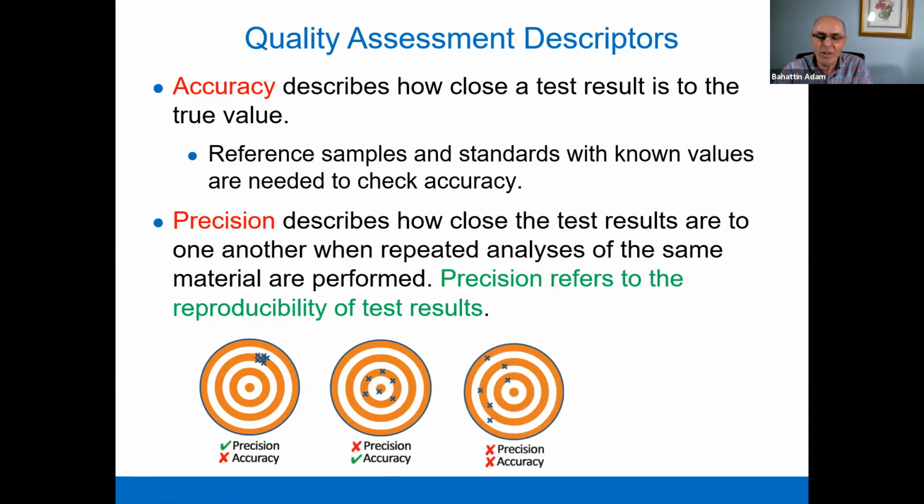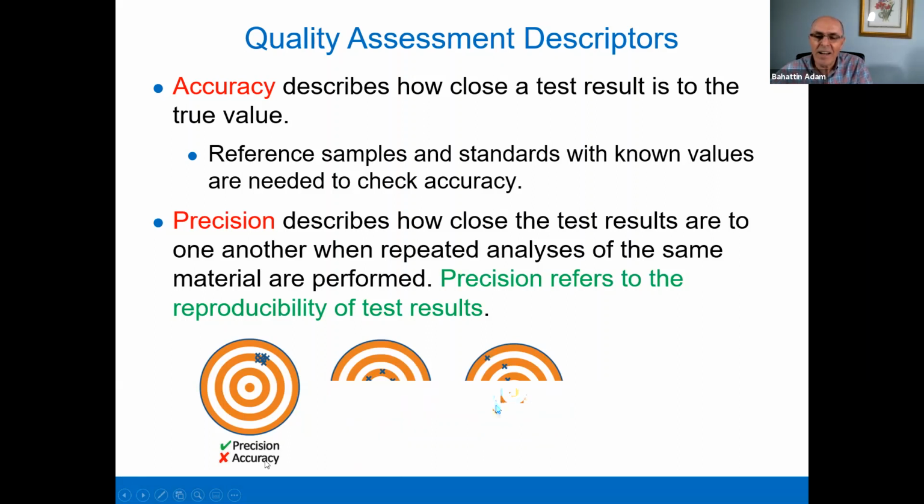And then now, as you see in this case, the results that you obtain are not close to each other and not close to the target value, right? What does that mean? They are both not okay, the precision is not okay and accuracy is not okay.